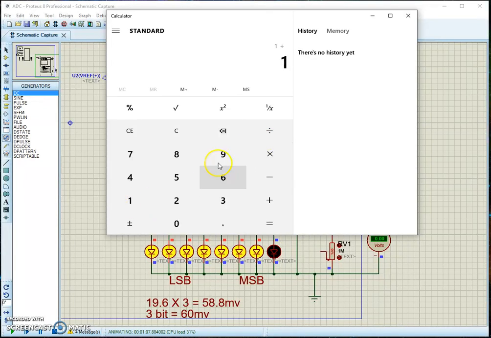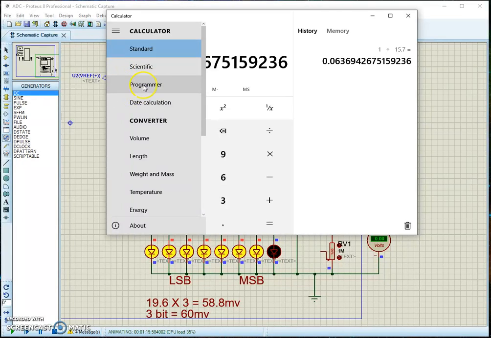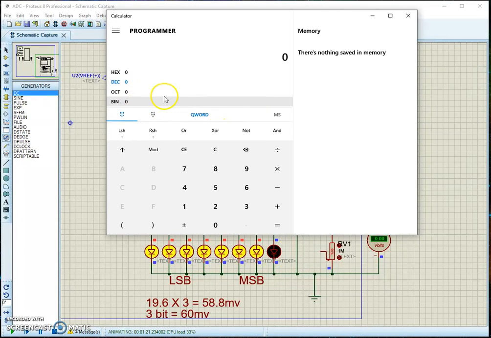So 1 divided by 15.7 is equal to 0.636. So it's closer to 64 if you minus the milli. So change it to the programmer again. So 64 in decimal, change it to 63.